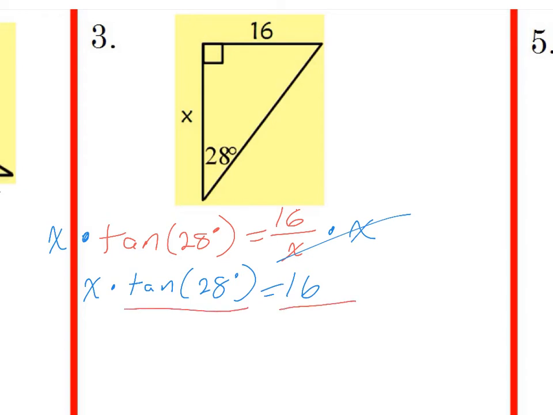We're going to divide both sides by the tangent of 28 degrees on both sides. So that cancels out.